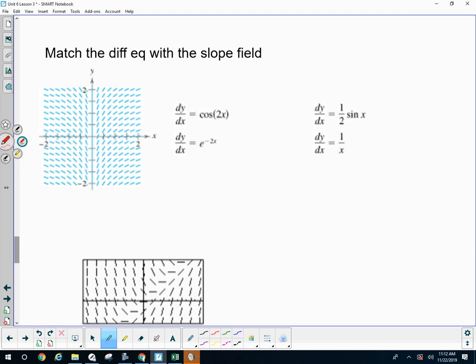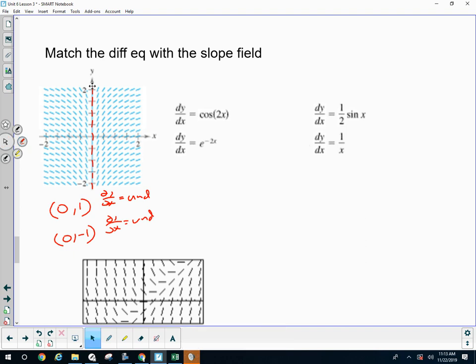Now, you don't see it on your graph, but it's on this graph. At x equals 0, there's a bunch of vertical tangents. So at the point 0, 1, dy dx has to be undefined. At the point 0, -1, dy dx has to be undefined.